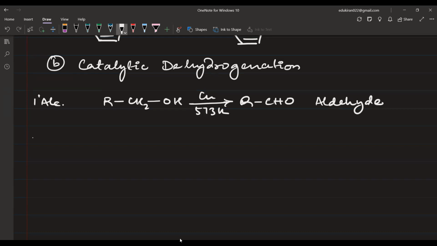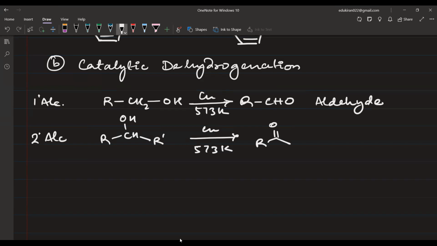If you have 2 degree alcohol, copper, 573 Kelvin, this gives you ketone.